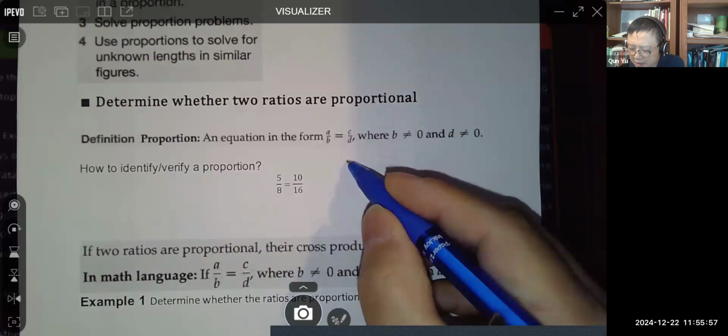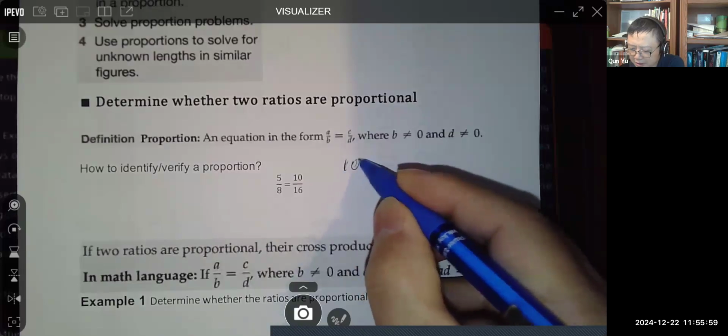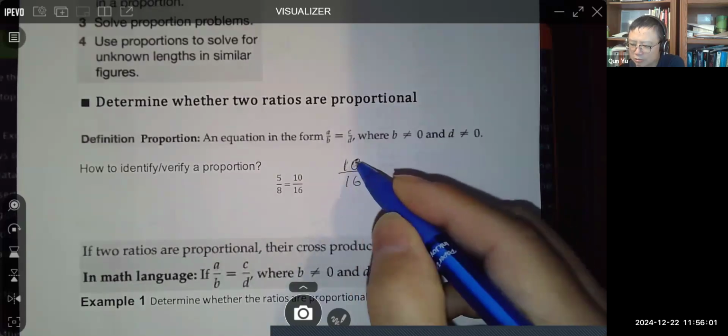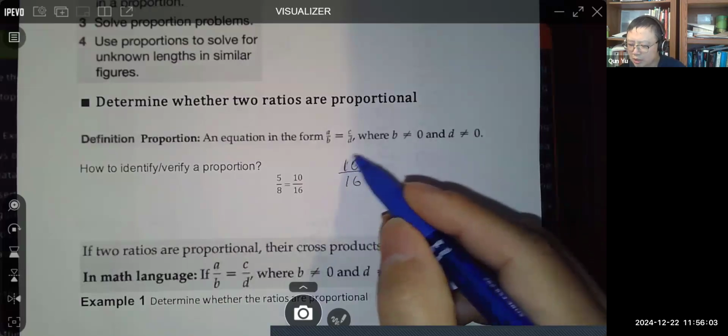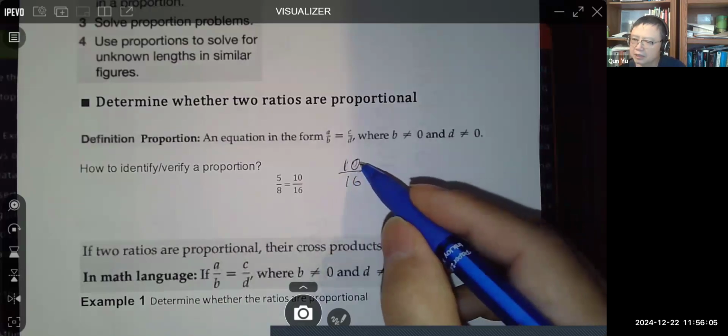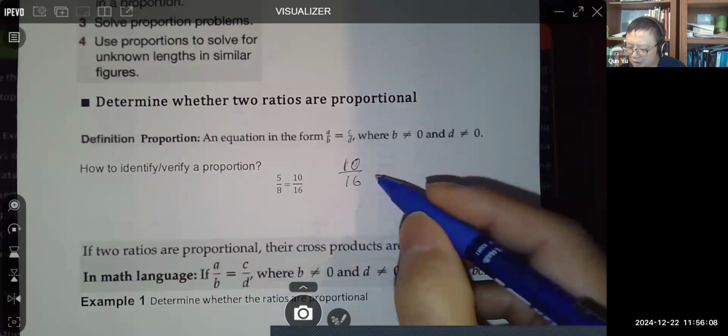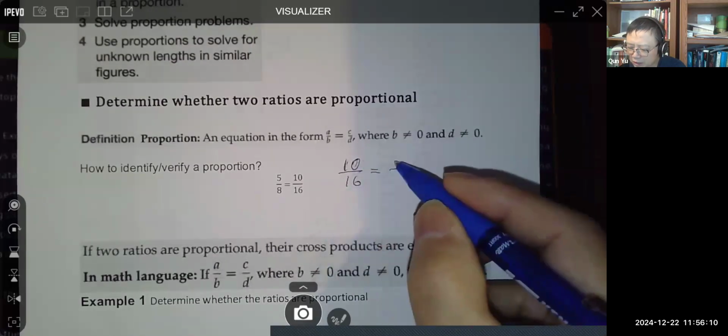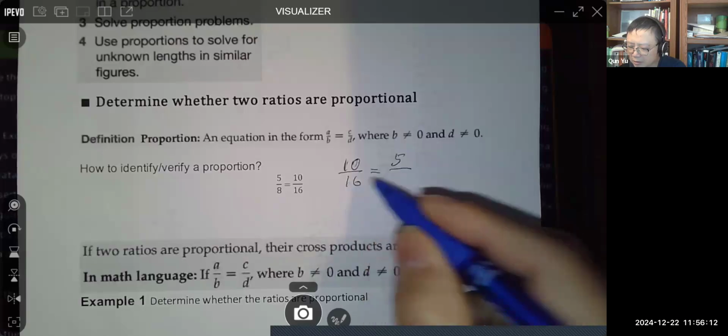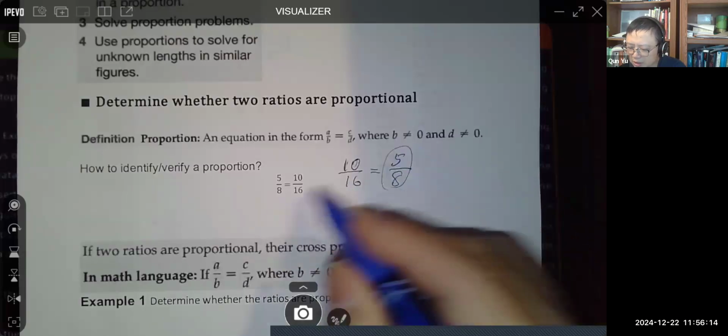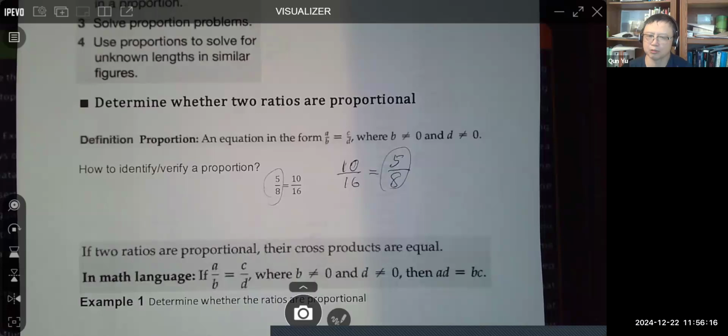If I look at the second fraction on the right-hand side, I can reduce it by dividing both numbers by 2, because both are even numbers. So 10 divided by 2 is 5, 16 divided by 2 is 8. So these two are equal. By definition, this is a proportion because a proportion means 2 ratios or 2 rates, which are fractions, are equal. So we have a proportion.